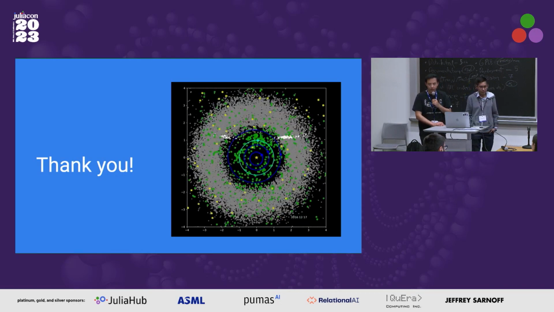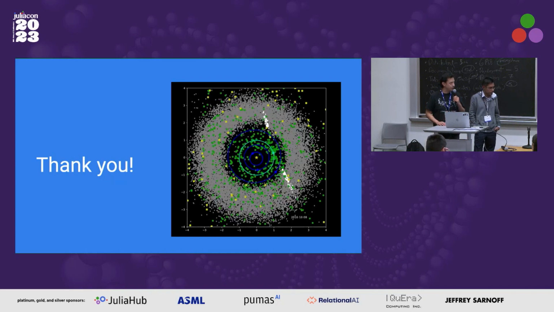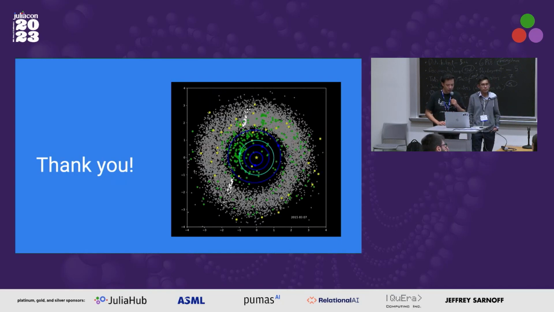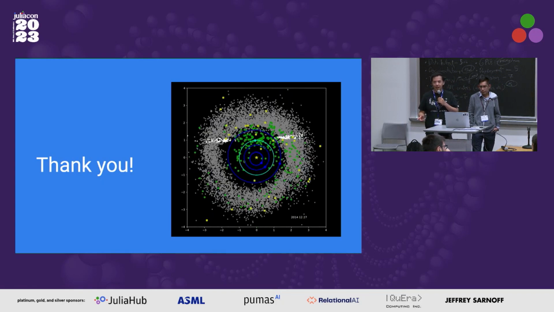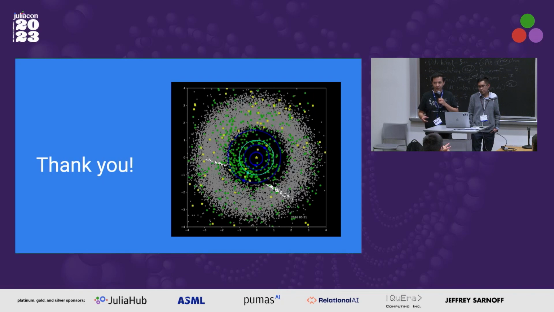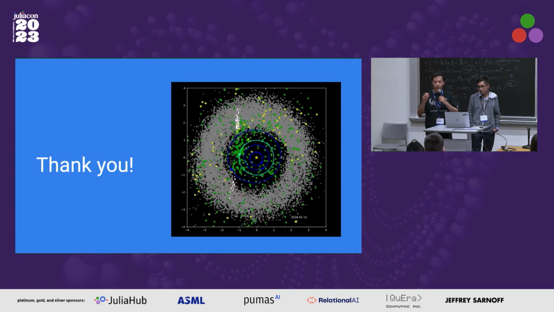So the question is whether these kinds of techniques could be useful for Earth satellites, and the answer is yes. The only thing you would need is a high order orbit propagator for Earth.